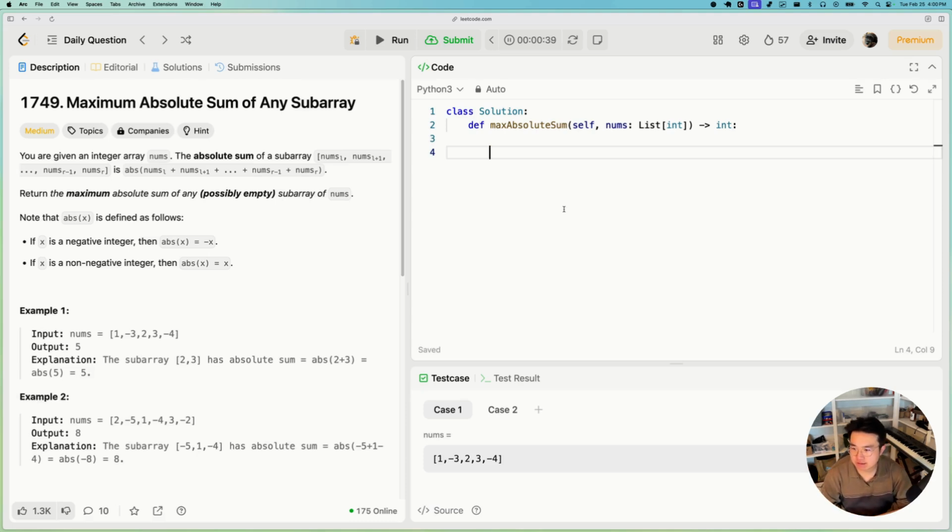If x is a negative integer, then absolute x is equal to negative x. If x is a non-negative integer, then absolute x is x.